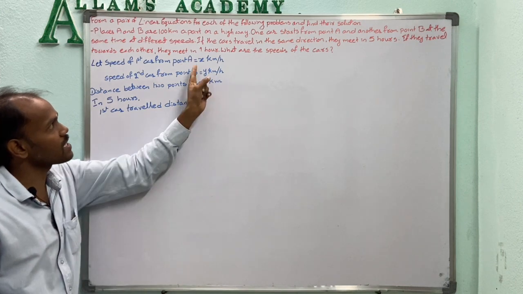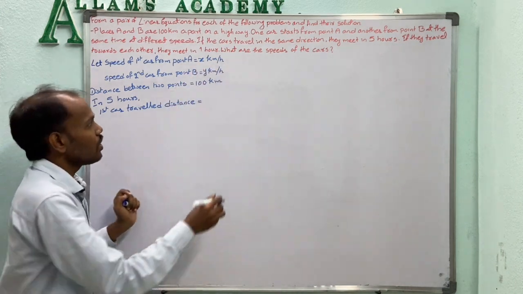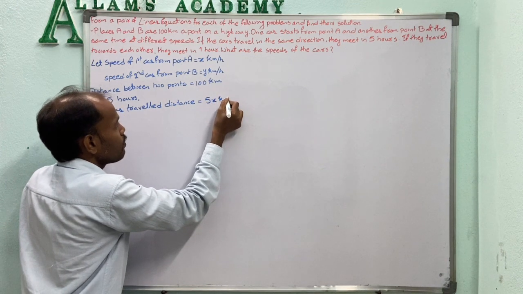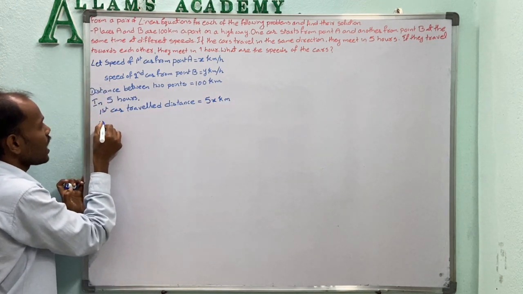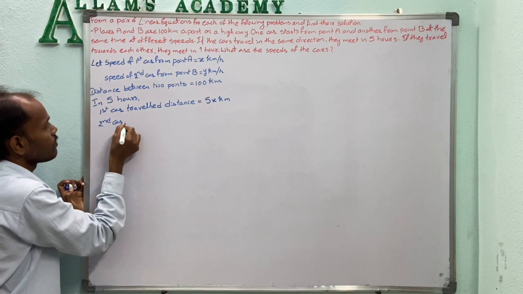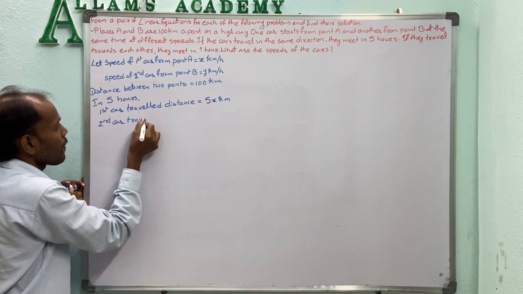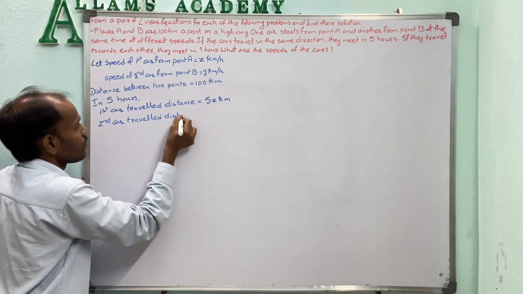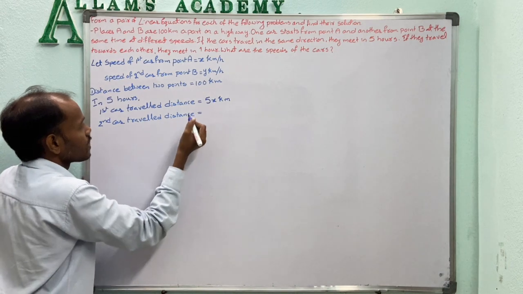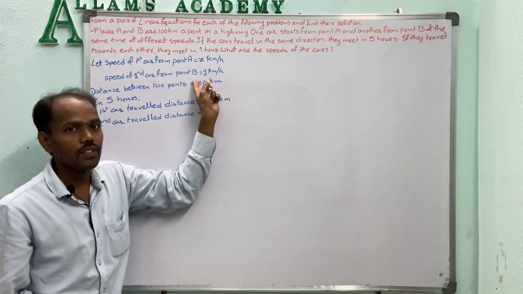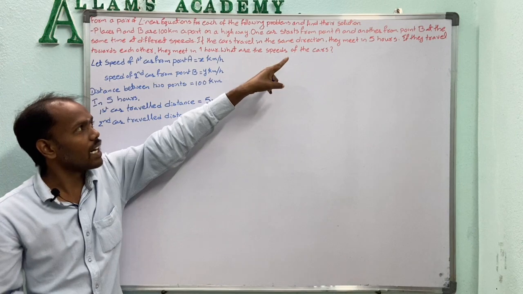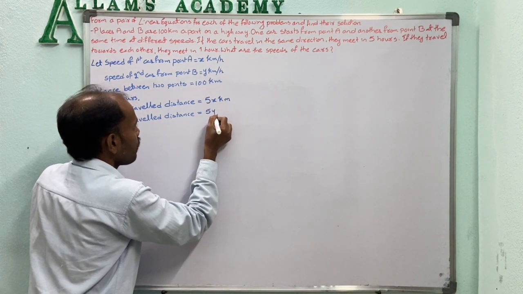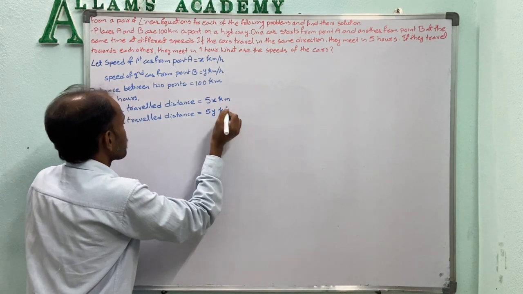The speed is x kilometers per hour and the time is 5 hours, so that is nothing but 5x kilometers. The distance travelled by the second car: the second car speed is y and the travelled time is 5 hours, so that is nothing but 5y kilometers.